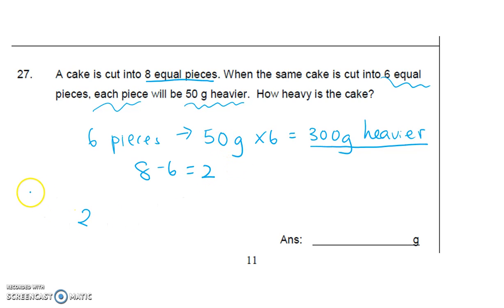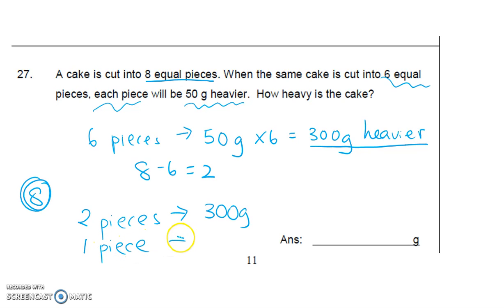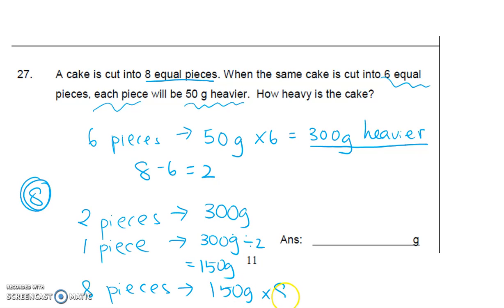So if it's cut into the 8 pieces here, 2 pieces is 300 grams. One piece would be 300 grams divided by 2, which equals 150 grams. 8 pieces would be 150 grams times 8.